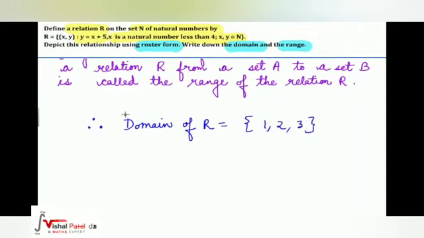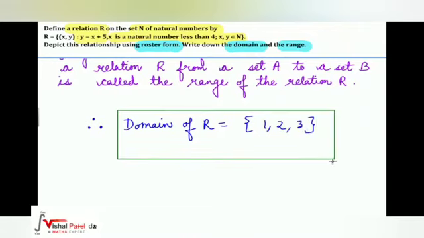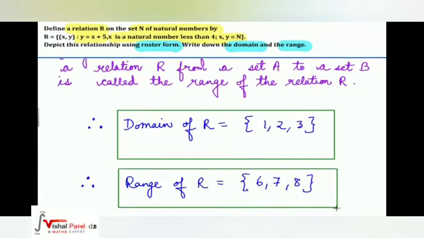And the range of relation R is equal to 6, 7 and 8. Second element of your relation is 6, 7 and 8. So this is your final answer.